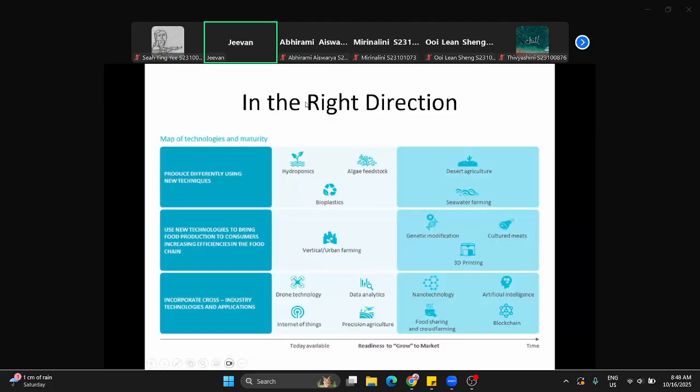Okay, so this is what we are having now. We are already having hydroponics, algae feedstock, and bioplastic, and how are we going to move it to the future? We can push it as desert agriculture and seawater farming. With the technology that we have, such as vertical or urban farming, we can push it into genetic modification, 3D printing, and cultured meats.